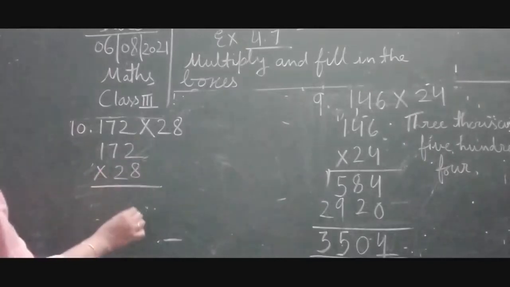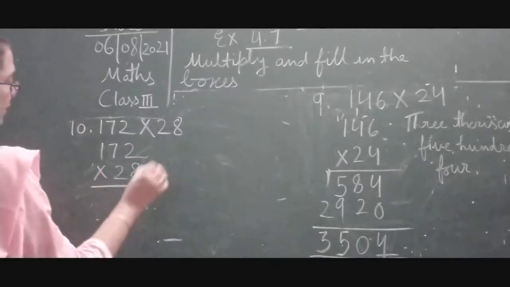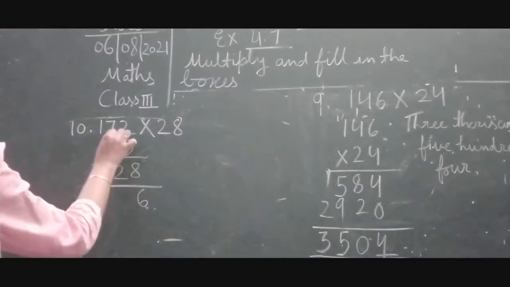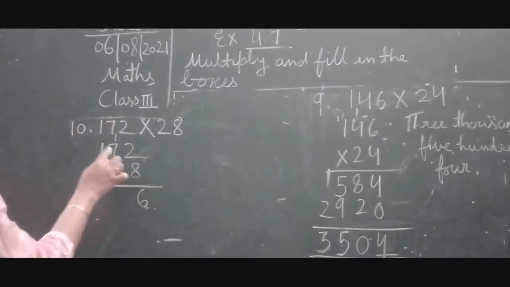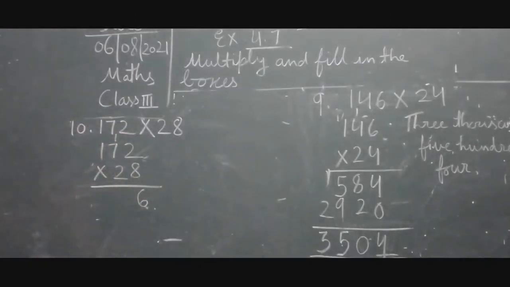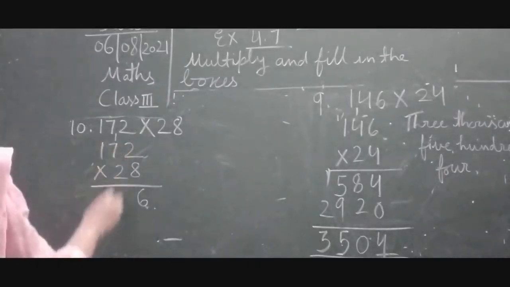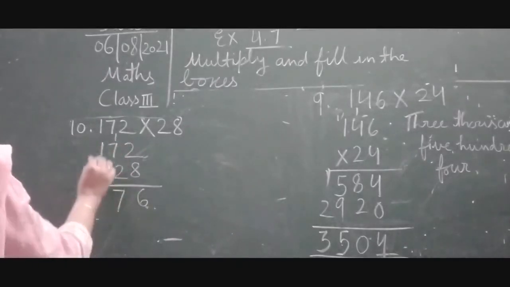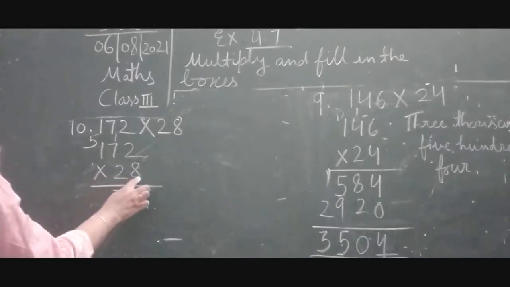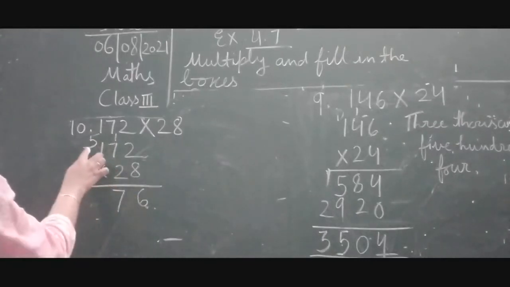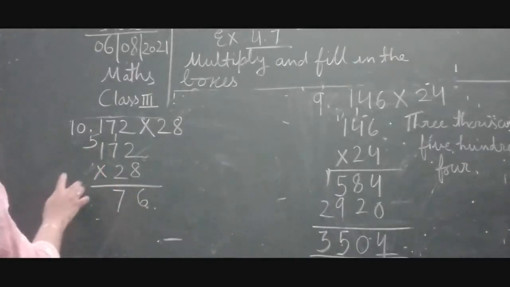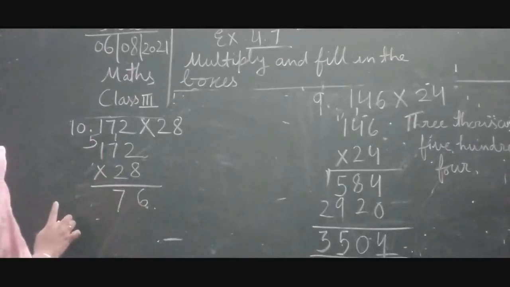So 8 2s are 16. 16, 1 will be carry over. 8 7s are, now 8 7s are children, tell me. 56 children. 56 plus 1 is 57 and 5 will be carry over. 8 1s are 8 and plus 5, 9, 10, 11, 12 and 13.